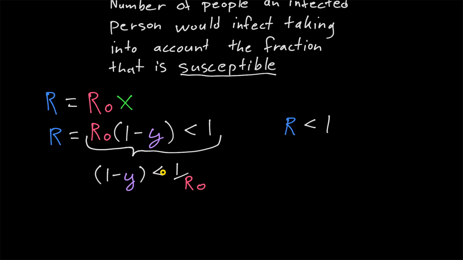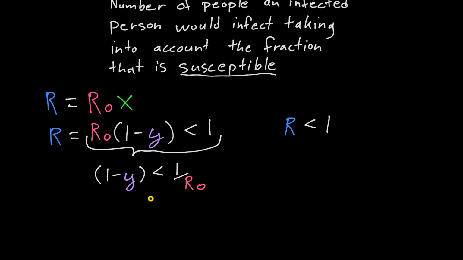We don't have to change the inequality sign here because R naught is the number of people on average that an infected person would infect if everybody was susceptible. And so this has to be greater than 0 by definition. You can't infect a negative number of people. And so if I divide both sides by a positive number, I don't switch the inequality.